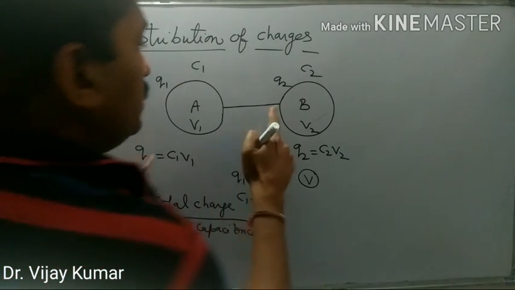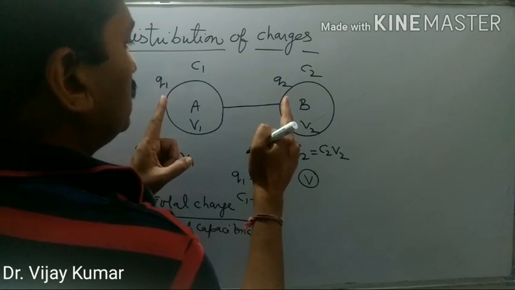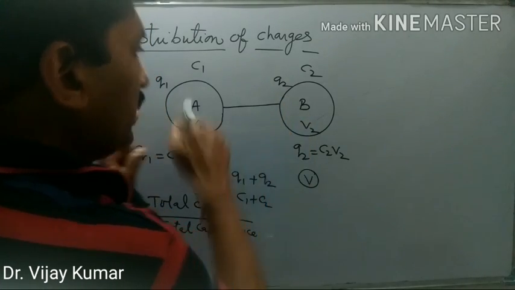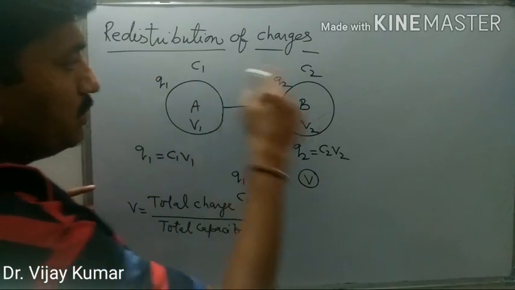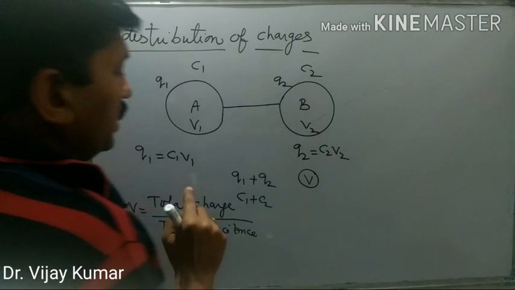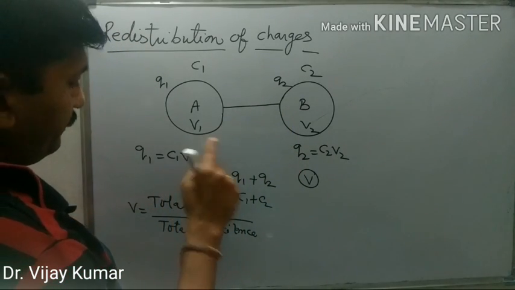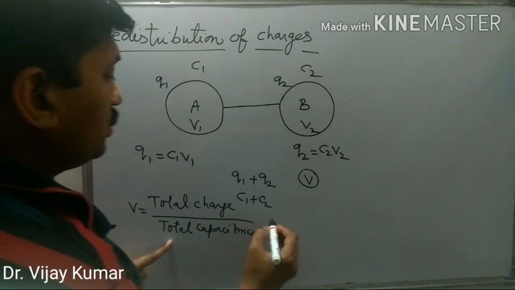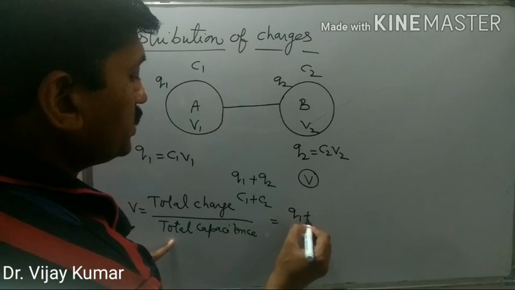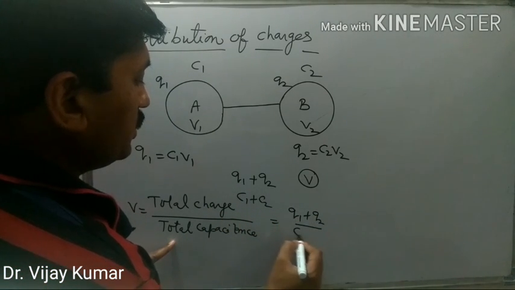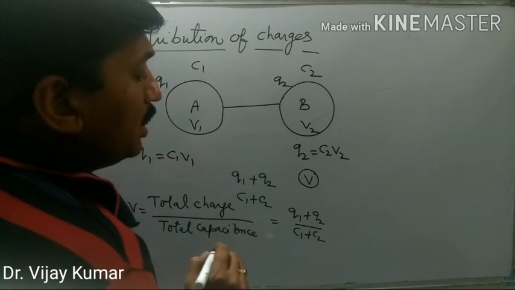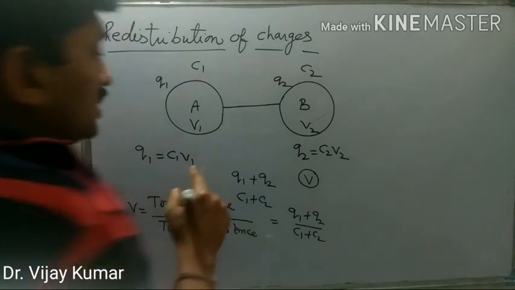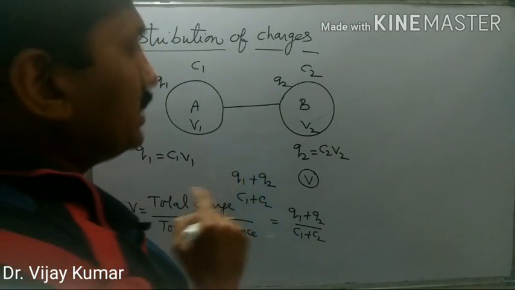After joining, these two insulated conductors become one system, the total charge is Q1 plus Q2 and the total capacitance is C1 plus C2, so V equals (Q1 plus Q2) upon (C1 plus C2). Now the charge is flowing from one conductor to the other.